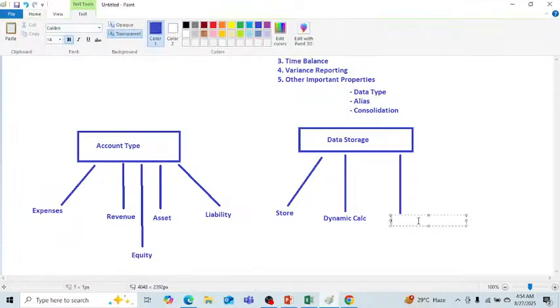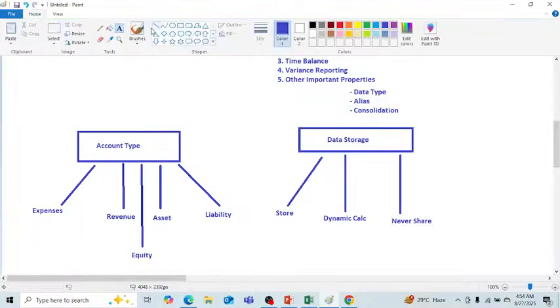So the third one is never share property. And the last one is label only.